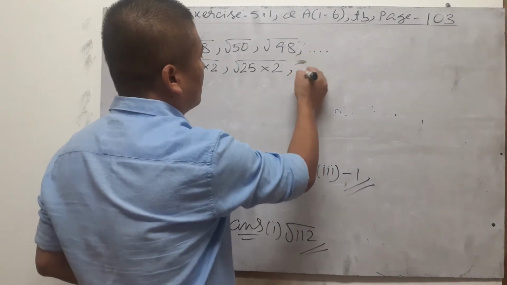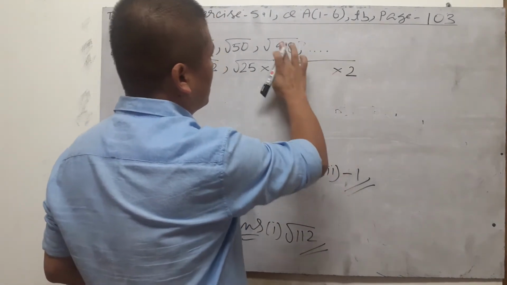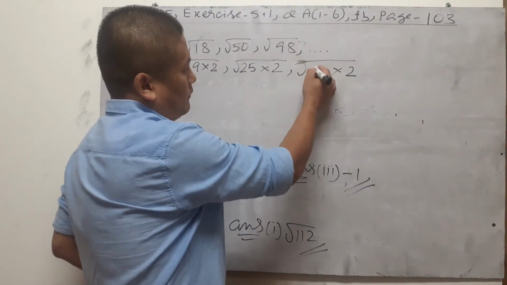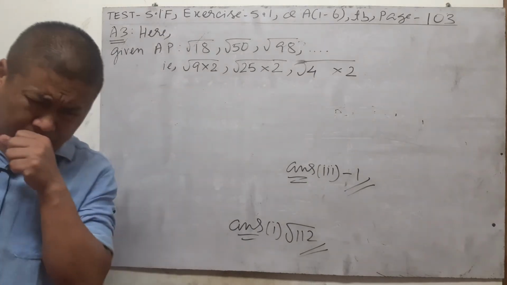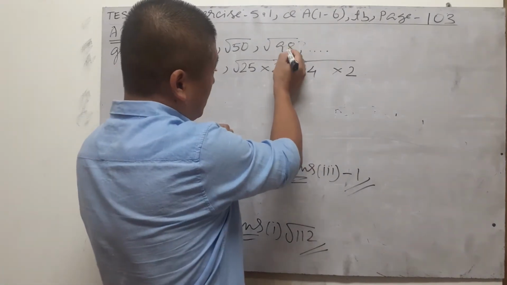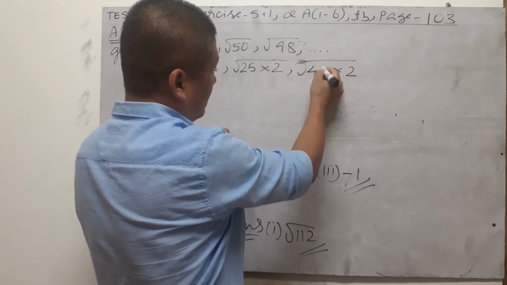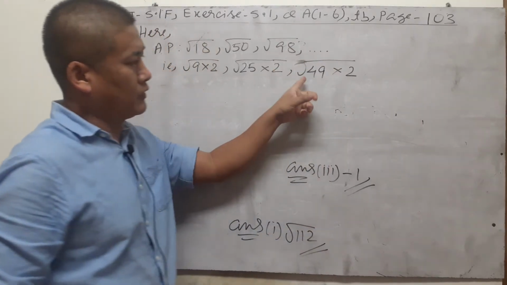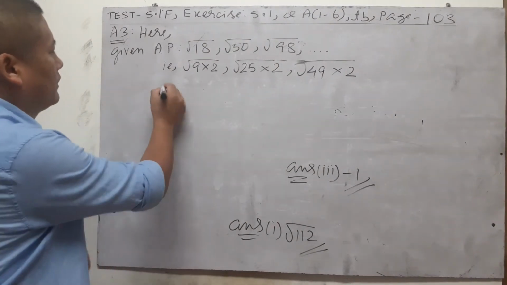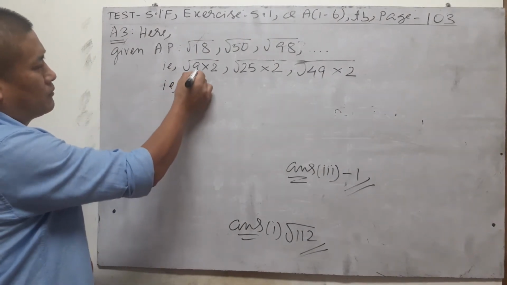And do the same thing here, root over 2 into how much is 98. 2 fours are 8, 1 in hand, 1 will go to the left of 8, means 18. 2 nines are 18. So definitely 49 into 2 is 98.